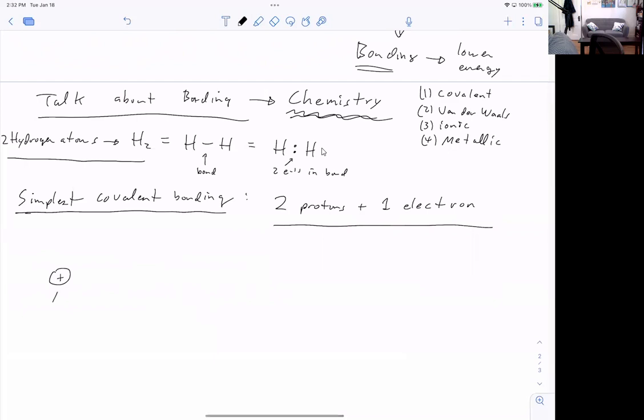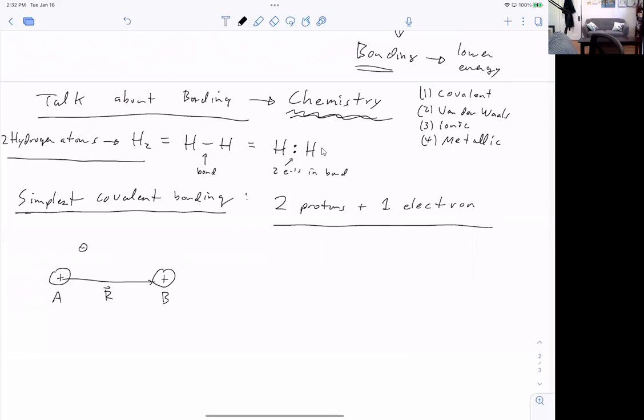I'll call this atom A, but these are hydrogen atoms, and I'll call this atom B, positively charged. Those are the nuclei, the protons. And they're separated by a vector I'll call R, big R. And then let's put a little electron somewhere. So I have a little electron that's right here.